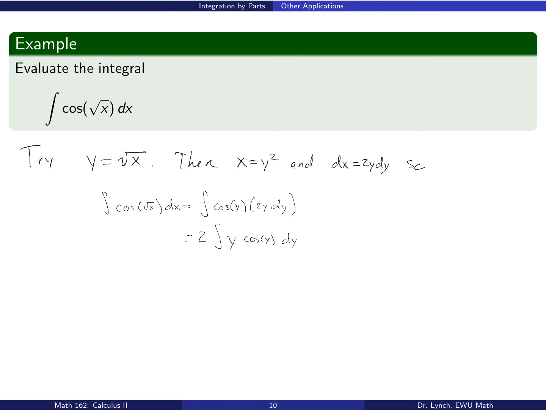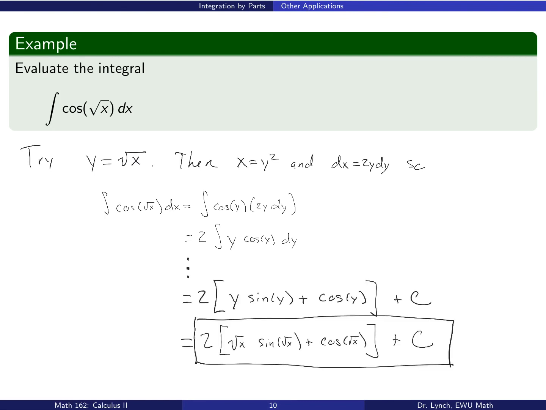So I won't go through the details, but you can refer to that previous example, and I'll just write down the indefinite integral here in y world. Y cosine y dy integrates to y sine y plus cosine y. That was our previous example.